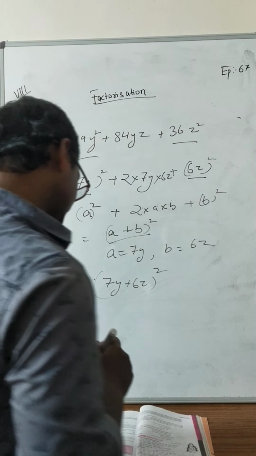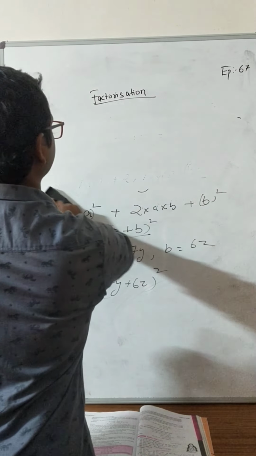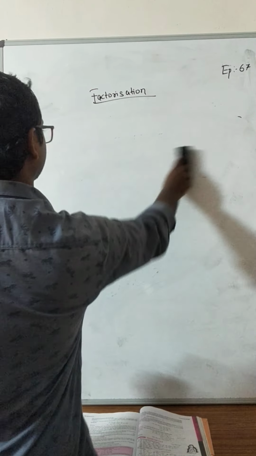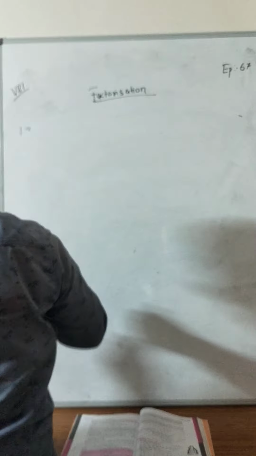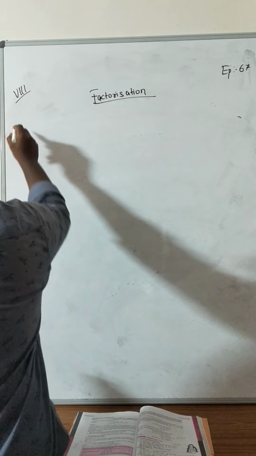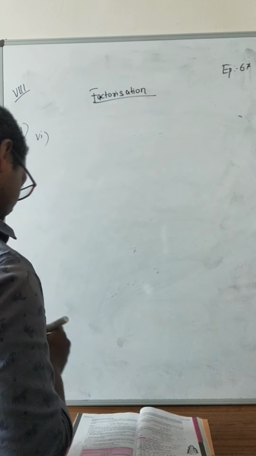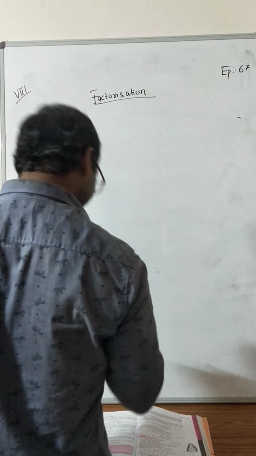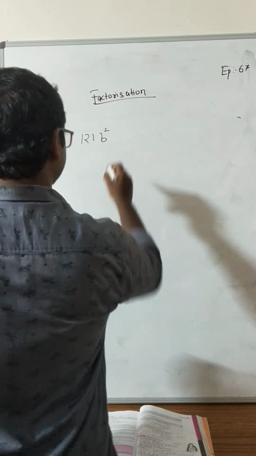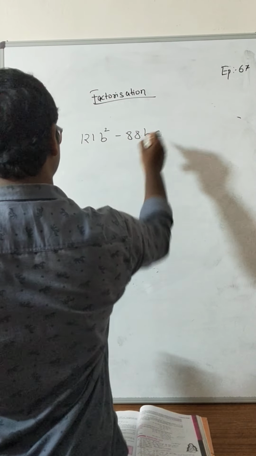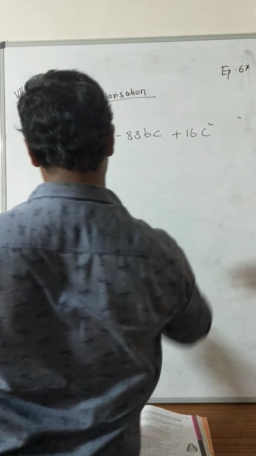Okay students, now look at the sixth one: 121b square minus 88bc plus 16c square.